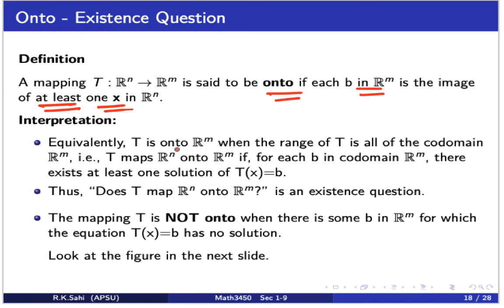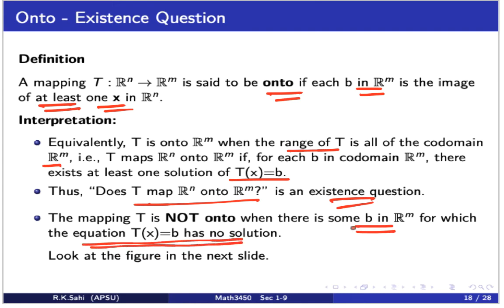We say T is onto Rm when the range of T is all of the codomain Rm, or it means there is a solution of the matrix equation Tx = b. Here we are talking of matrix transformations. That's a matrix equation, which means there exists at least one solution of Tx = b. So T mapping Rn onto Rm is an existence question. The mapping T will not be onto when there is some b in Rm for which the equation Tx = b has no solution.